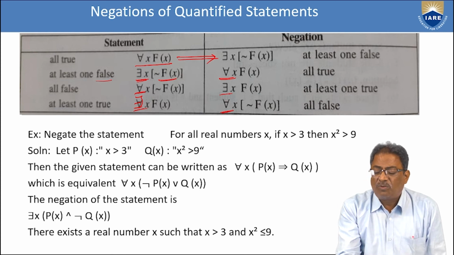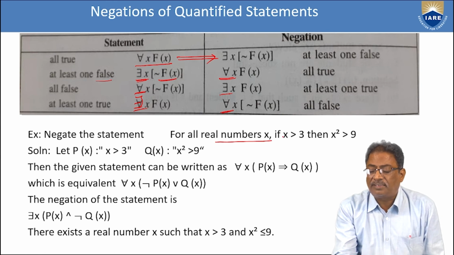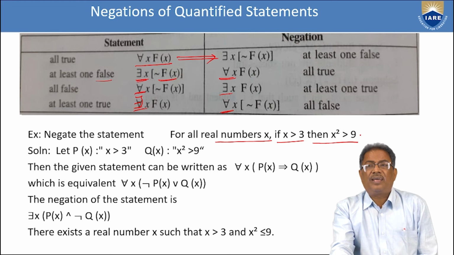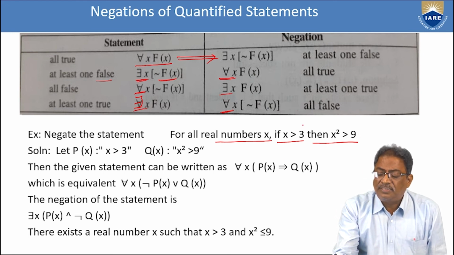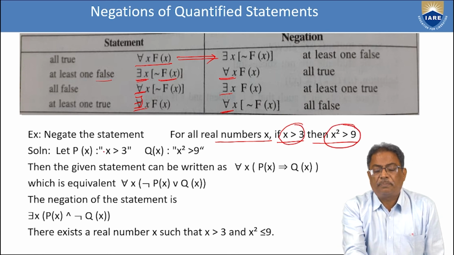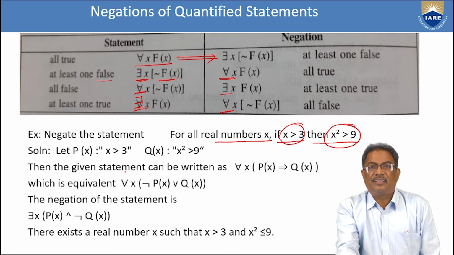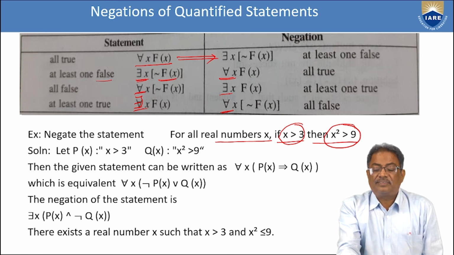So here, for all real numbers x, if x is greater than 3, then x square is greater than 9. Here this is one predicate, and of course this is another one. So we take p of x as x is greater than 3, and q of x as x square is greater than 9.